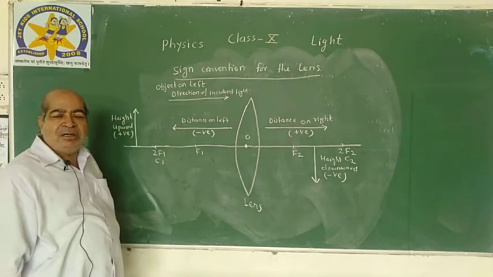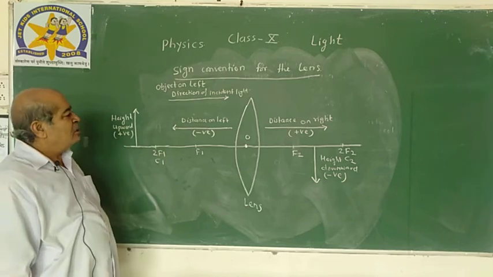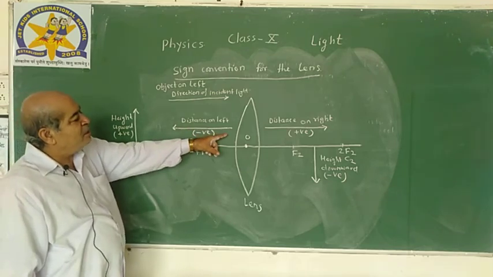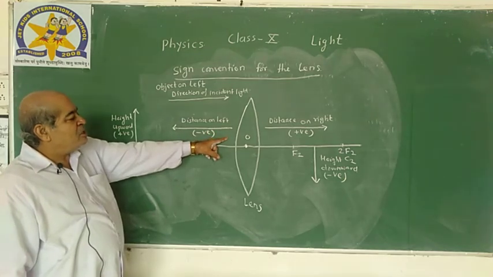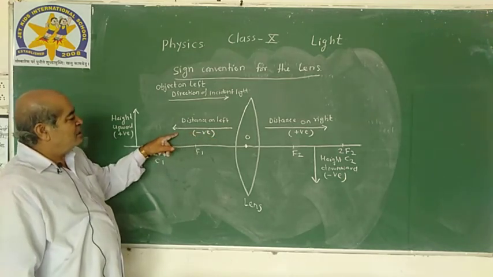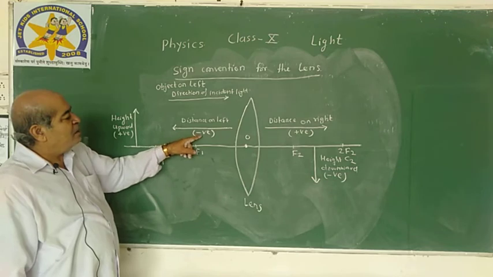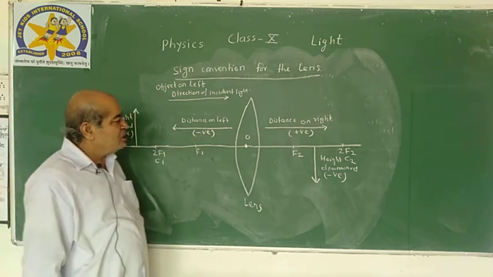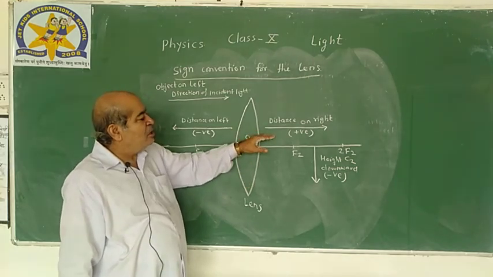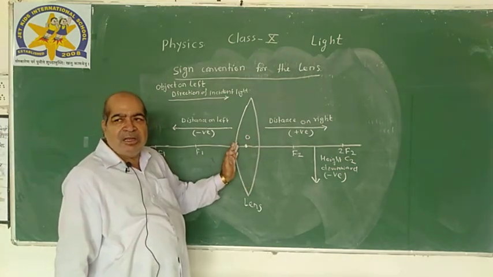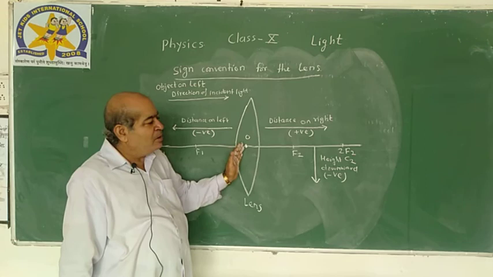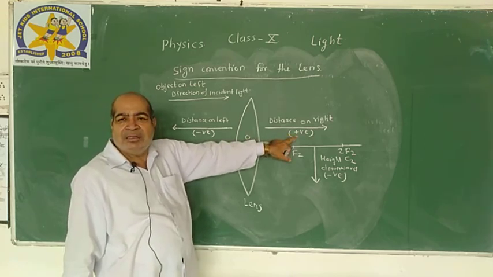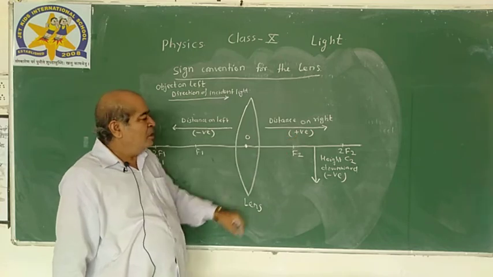The third sign convention is the distances measured on the left side of the lens or optical center are always taken as negative, and the distances measured on the right side of the lens or the optical center are always taken as positive.